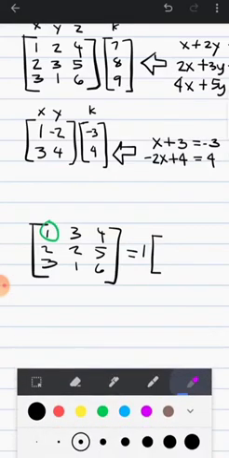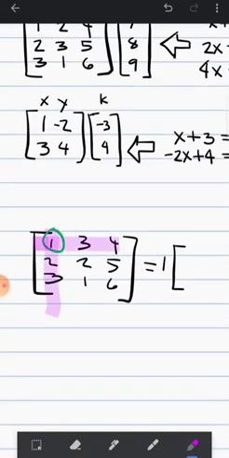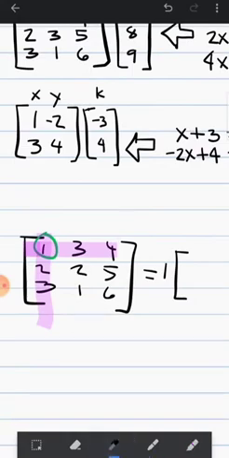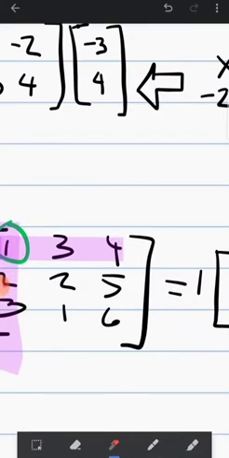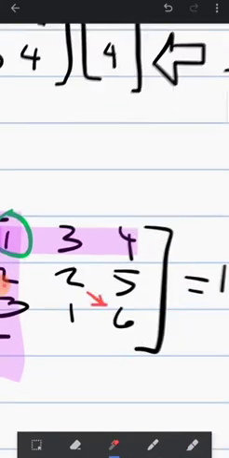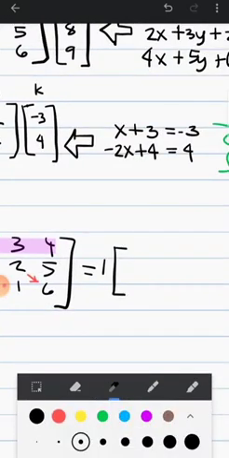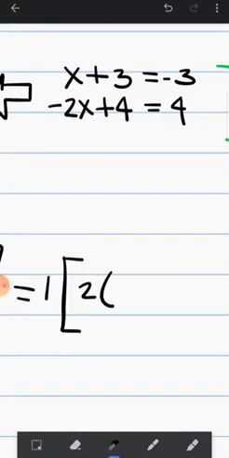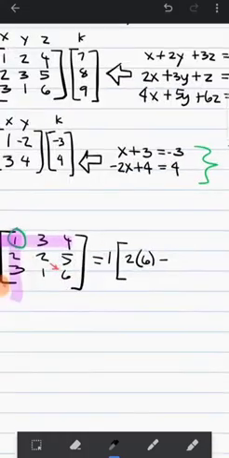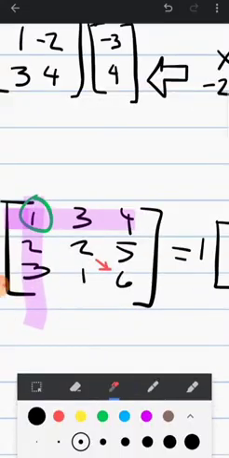But first, just cover this row and column, and then multiply this 2 times 6, and then subtract 5 times 1. So that's the pattern.